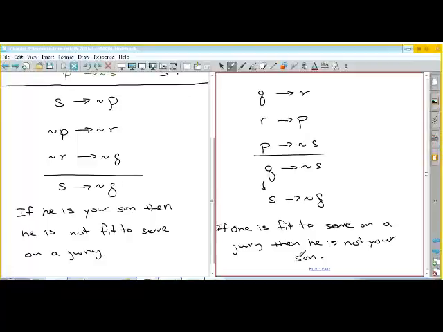So that's also a valid argument. If you found somebody, if they said, oh, the next person in is fit to sit on the jury, you'd say, well, obviously it's not your son, because he would have never gotten in if it was your son. So they are equivalent to each other.